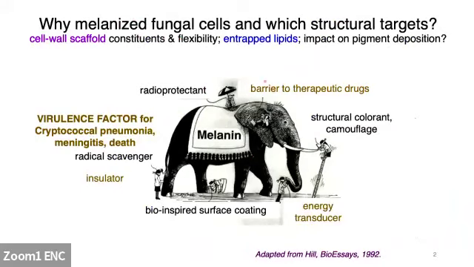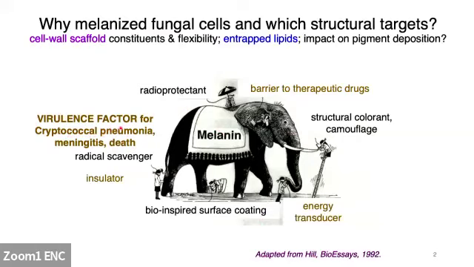So why are we interested in this problem? Well, melanins are heterogeneous aromatic indole-based polymers of still unknown structure, and they mean a lot of different things to different people. To the fungal cell, they are protective agents, but they are also, and of greatest interest for us, virulence factors for various kinds of infections, which can be quite dangerous.